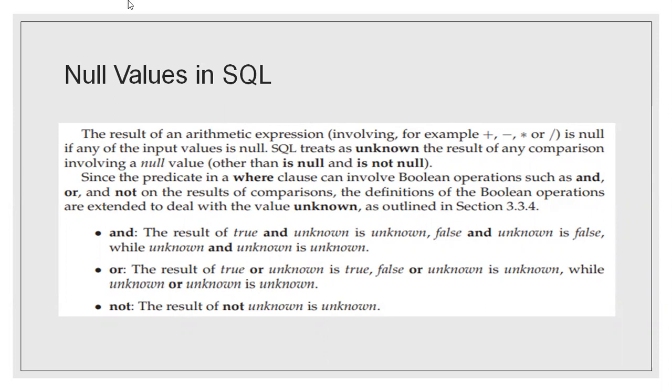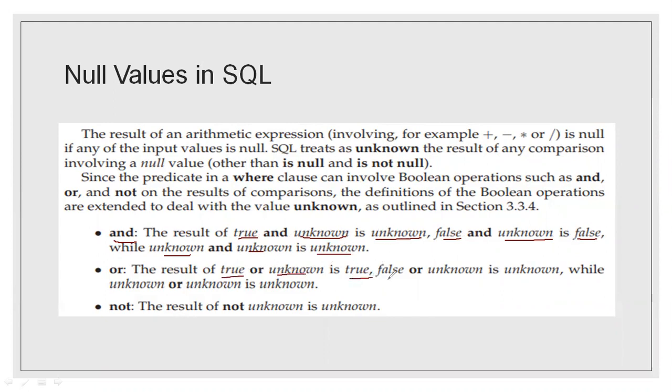Now you have learned discrete mathematical structures, in that you have learned this. Here you can see true and unknown is always going to be unknown. False and unknown is always going to be false. Unknown and unknown is going to be unknown. Whereas for or, true or unknown is always going to be true.